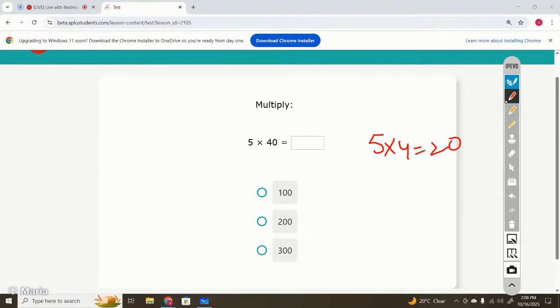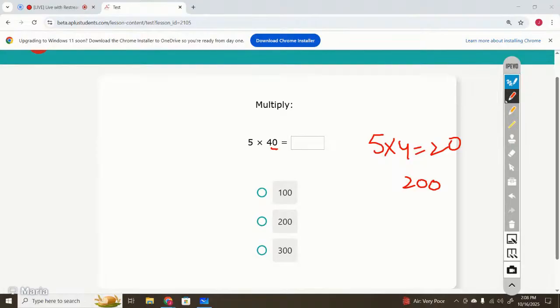You already have one zero with the 4, so just add the 0. So 20 and 0 makes 200.